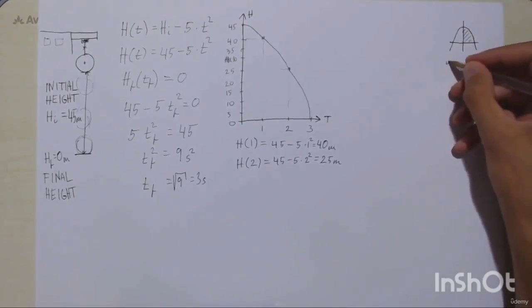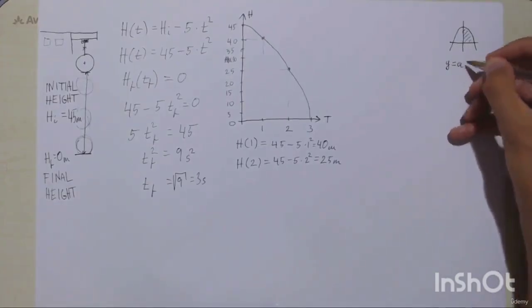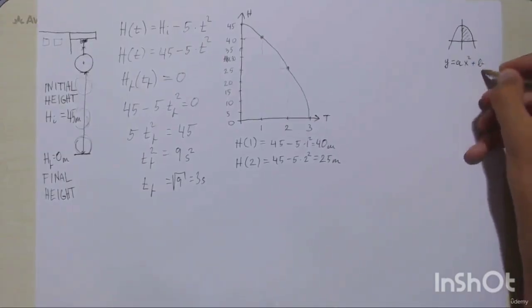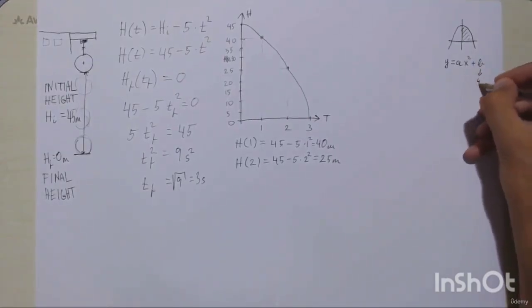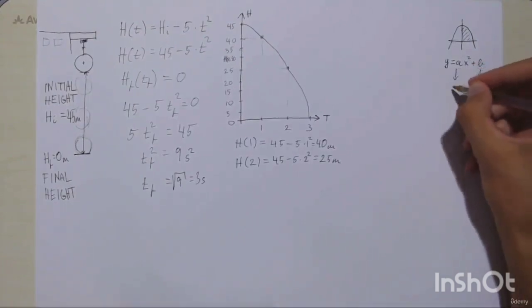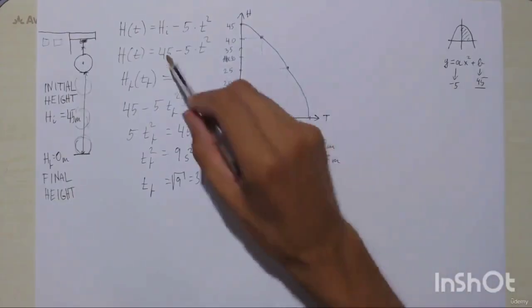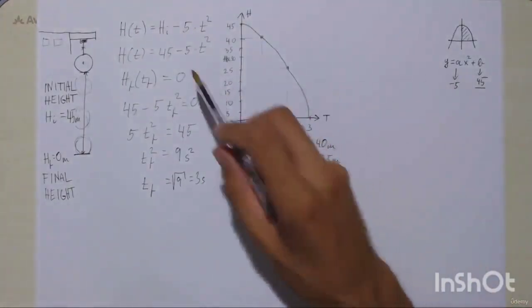The square function, or the parabolic function, would be y equals ax squared plus b, and b here would be 45, and a would be minus 5. So you can see it, 45 would be b and minus 5 would be a.